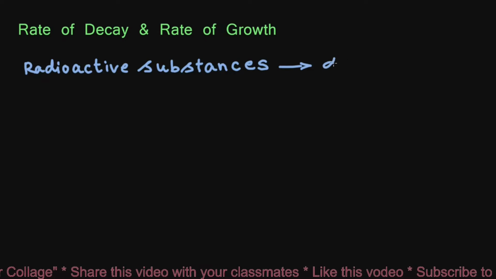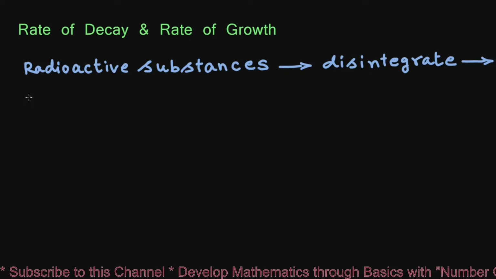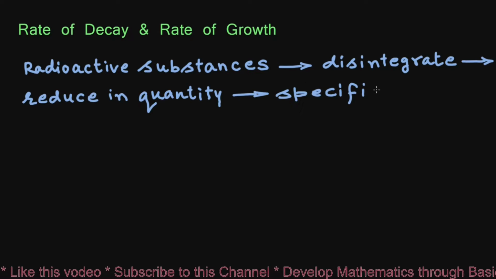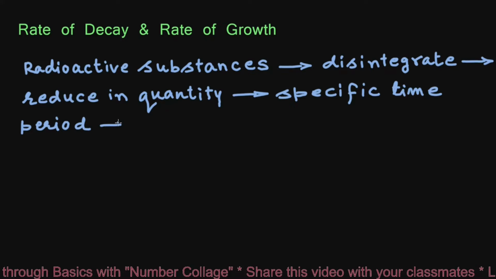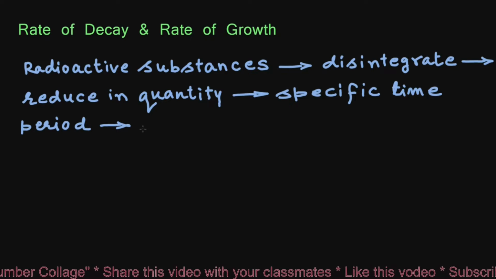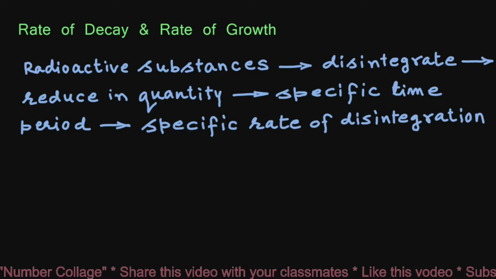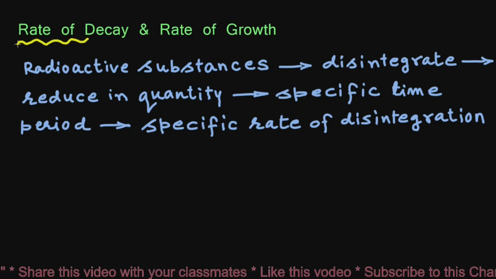Radioactive substances continuously disintegrate and reduce in quantity after a specific time period, and this happens at a specific rate of disintegration known as rate of decay.